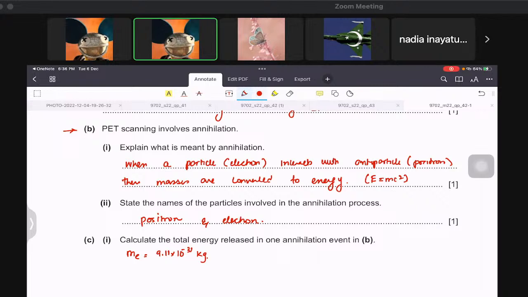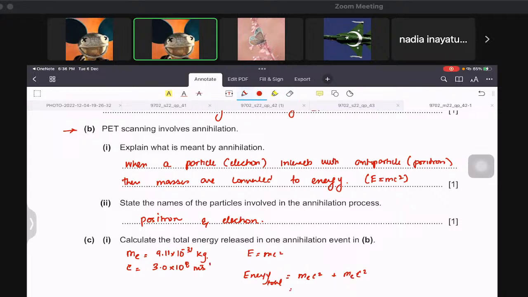And the speed of light, you should remember this, if you don't remember, you can go back. Now, when I say their masses are converted to energy, you should remember it's basically connected to E is equal to mc square. So total energy will be equal to mass of electron plus mass of positron, which is also an electron, technically, only opposite charge.